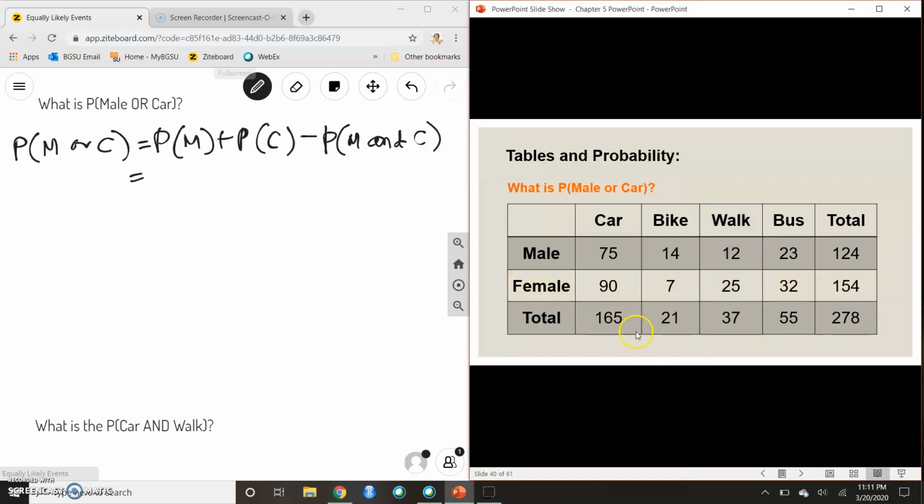Back to our table. Probability of being male is 124 out of 278. Plus probability of taking a car. That's 165 out of 278.